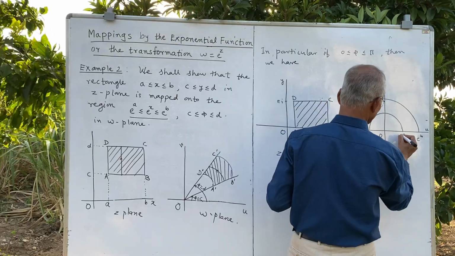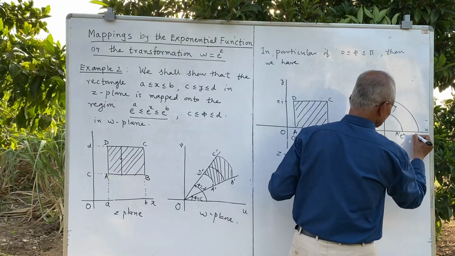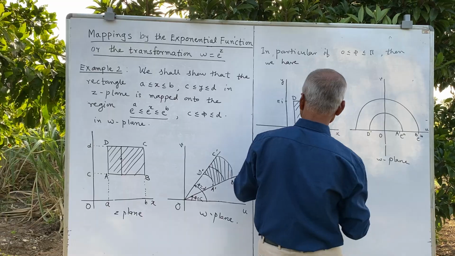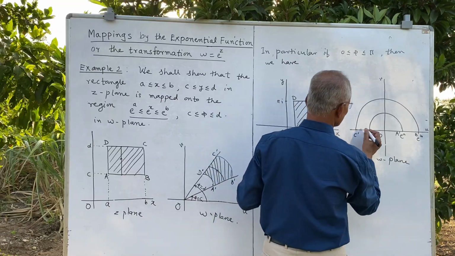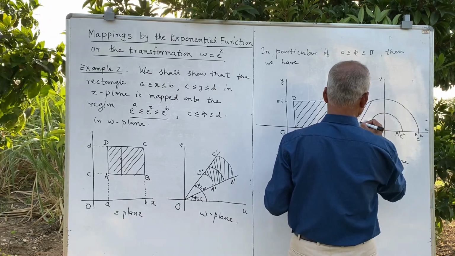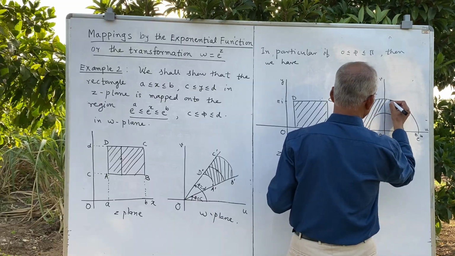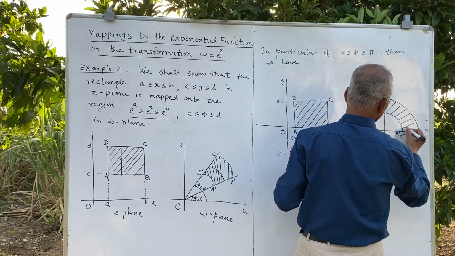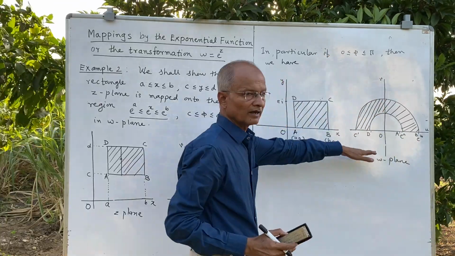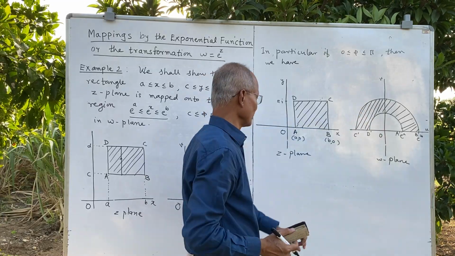This point is A dash, this point is B dash, this point is D dash, and this point is C dash. So the region is like this. This is the image of the rectangle in the Z plane, which is a circular ring in the W plane.